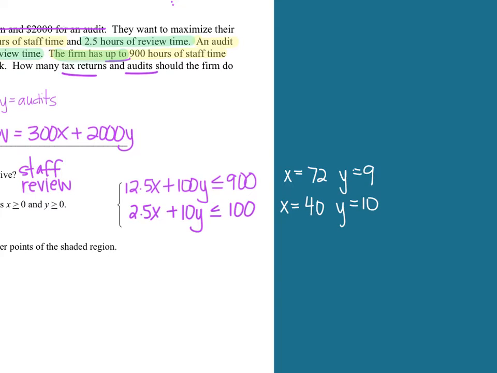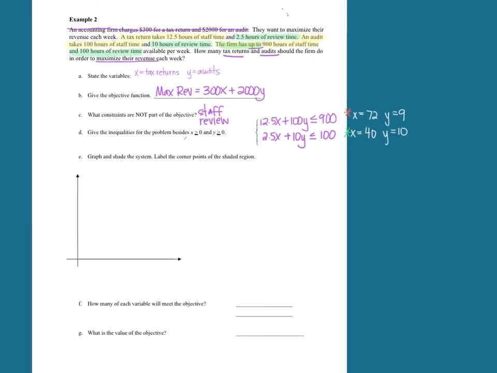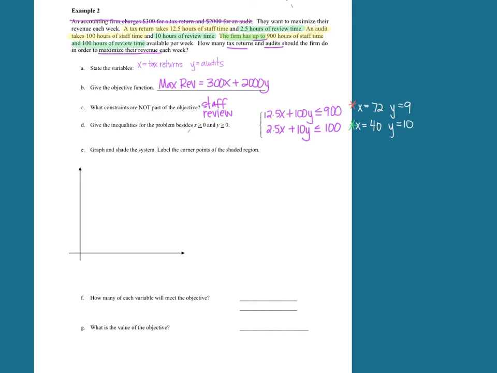Okay, I'm going to do this one in red, and I'll do this one in green just for color coding purposes. All right, so looking at the numbers, I've got 72, 40, 10, and 9. So I'm going to count by 10s on my graph. 10, 20, 30, 40, 50, 60, 70.